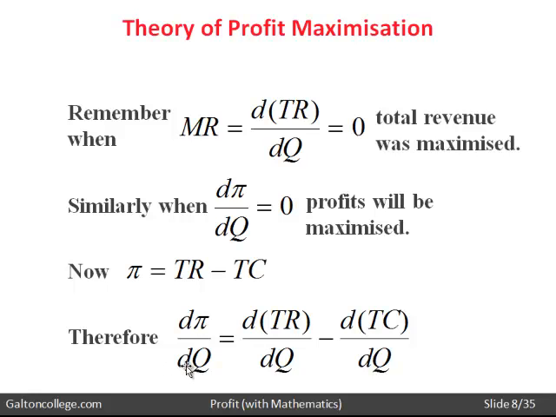So all we're doing is we have a denominator which is dq, in other words a very small amount of q, and a numerator which is a very small change in profit equal to a very small change in total revenue minus a very small change in costs. And putting it like that, it does make sense.